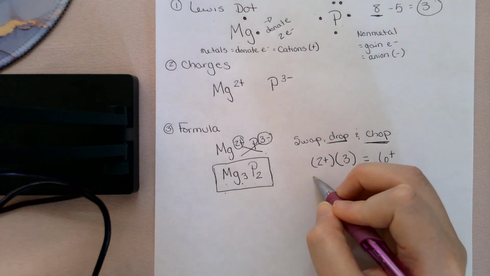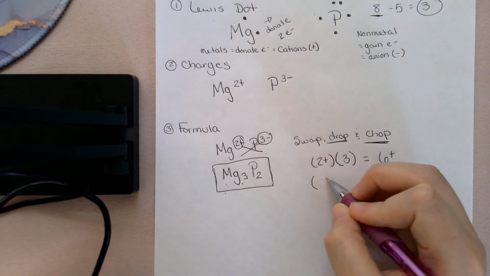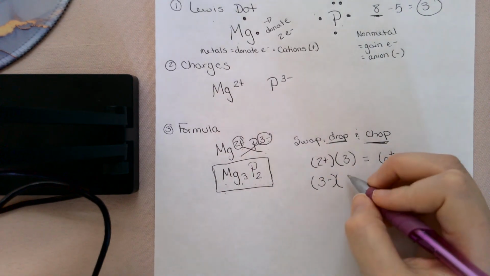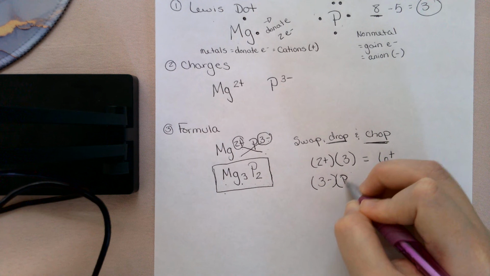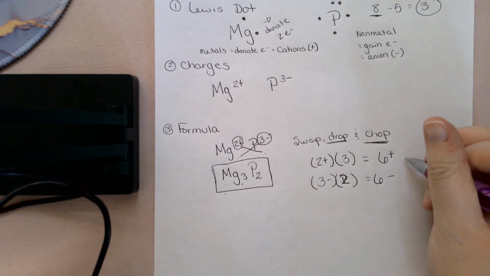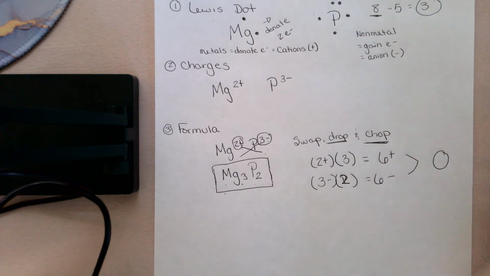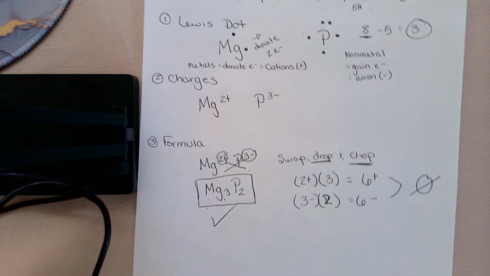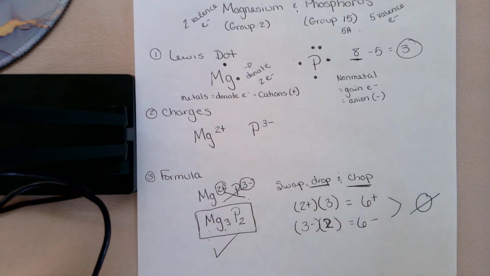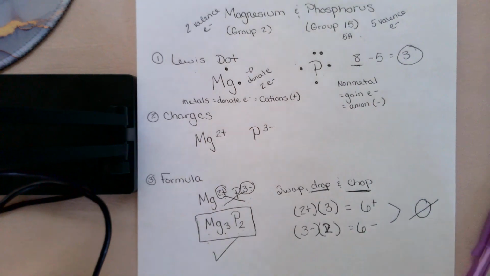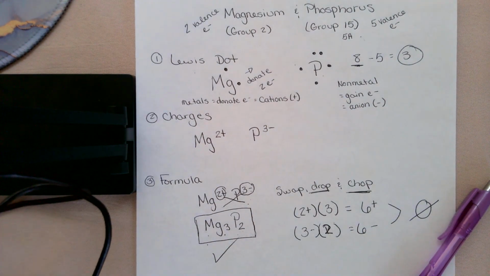And phosphorus has a 3 minus charge, and we have 2 atoms of phosphorus, that would give us a 6 minus. 6 plus and 6 minus cancel each other out for a neutral charge, so that looks good, okay? And that is how you determine the ionic formula for an ionic compound.